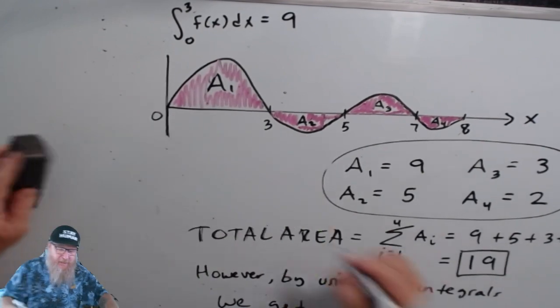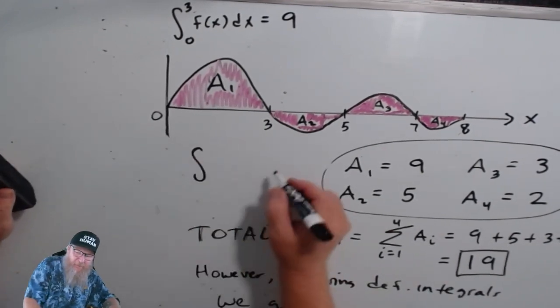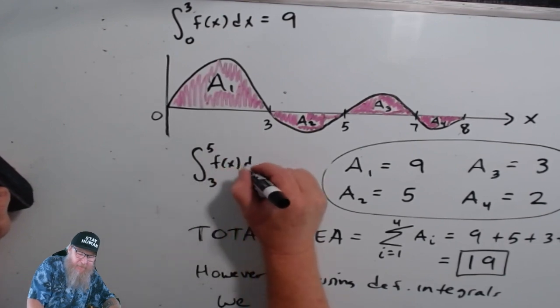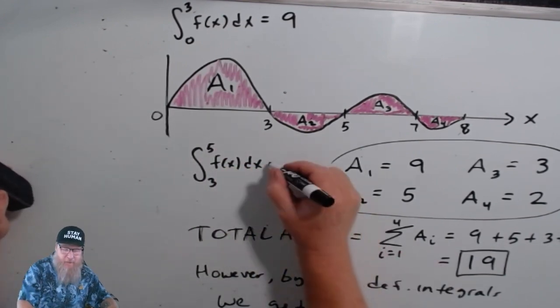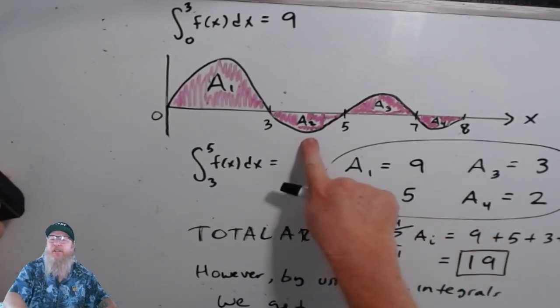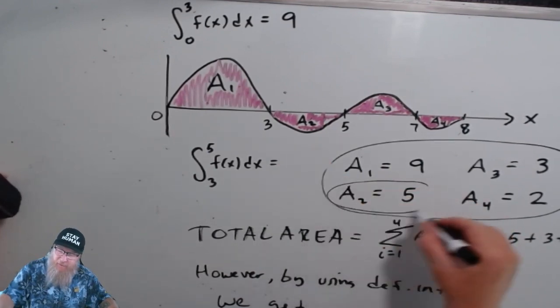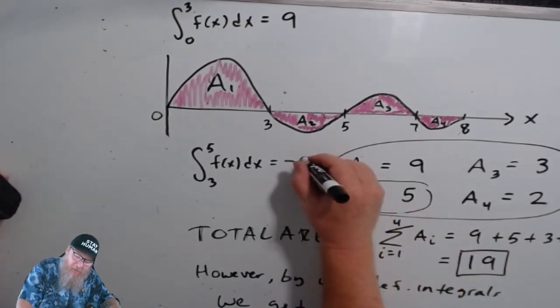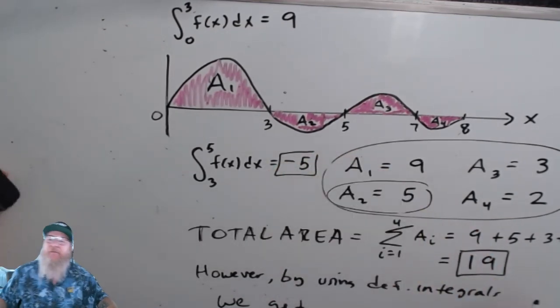But if you do the integral from 3 to 5, A2, well, the actual area is 5, so the integral would be negative 5.